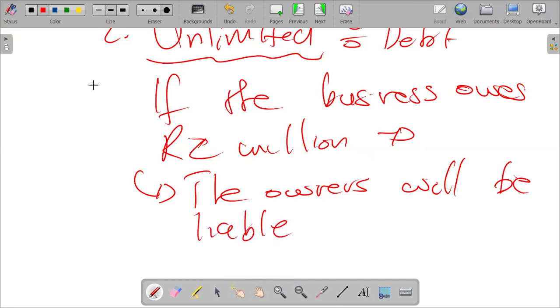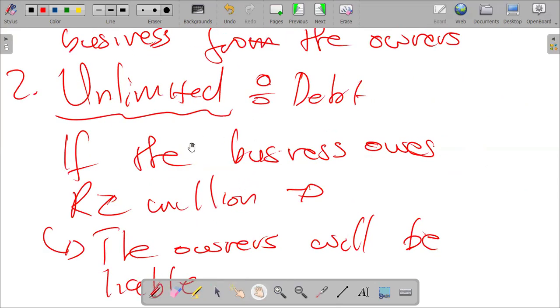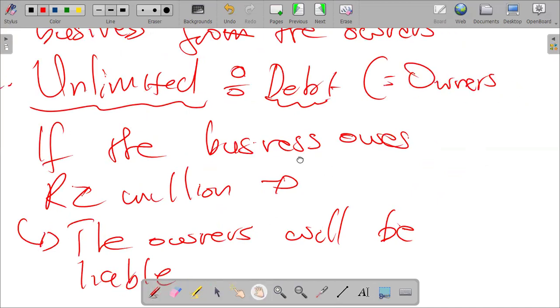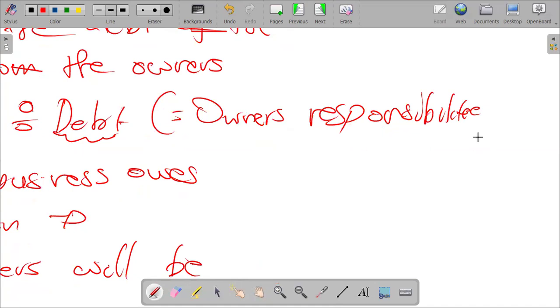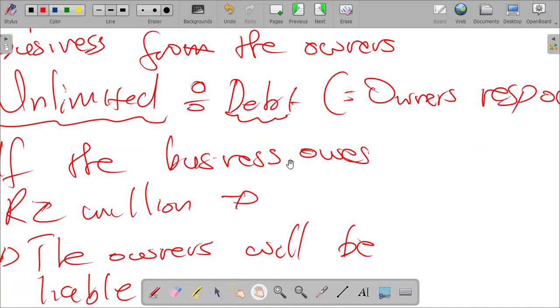Understood? So they don't have a separate entity between the business and the owners. It means that the business's debt equals the owner's responsibility. If the business cannot pay the debt, it means that the owner will have to then pay for the business.